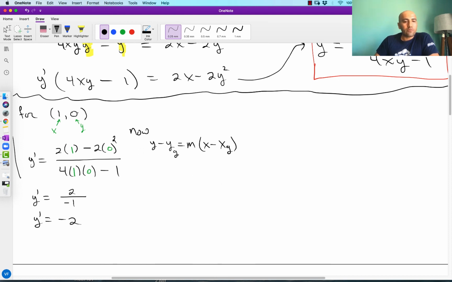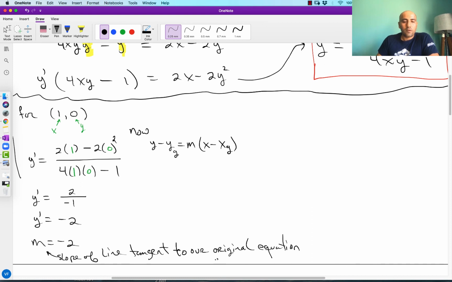And m is going to be equal to negative 2, where m is the slope of the line tangent to our original equation at point 1 comma 0. Okay, so that's what we need right here.